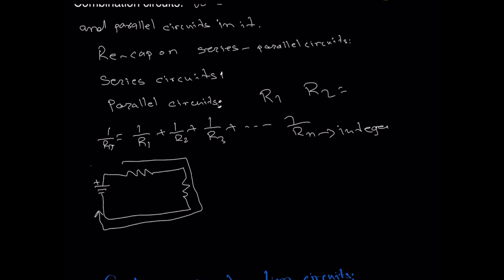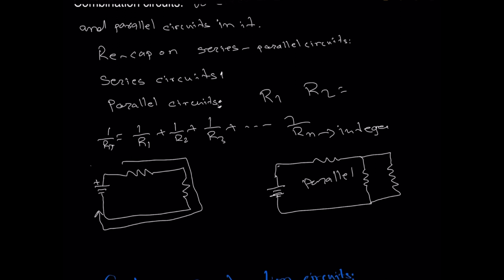On the other hand, the parallel circuit is a circuit that has more than one path for the current to flow. So that is one path, that is two paths. So that's a parallel circuit, and that is a series circuit.